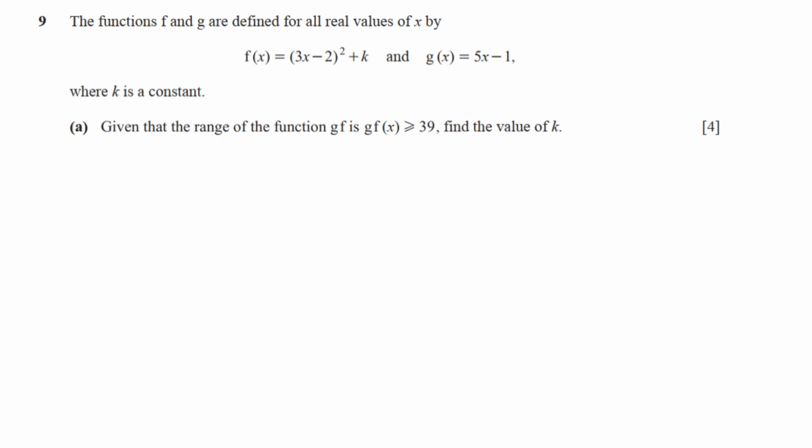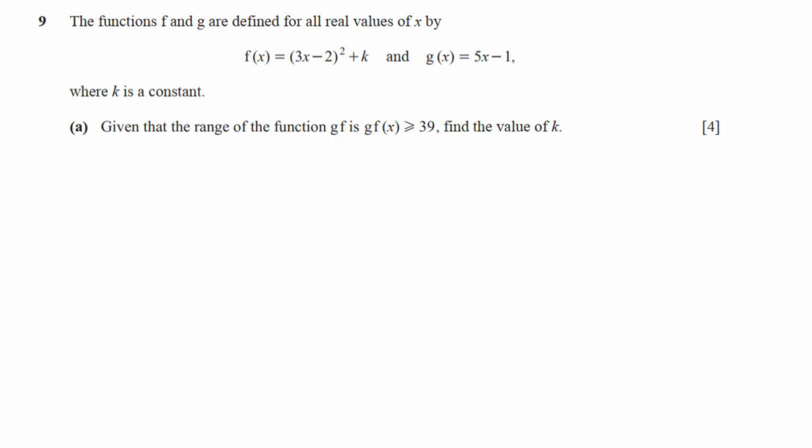Next, this is a function question. f of x and g of x are given. The first part of the question is, given the range of the function gf is gf greater than or equal to 39, find the value of k.